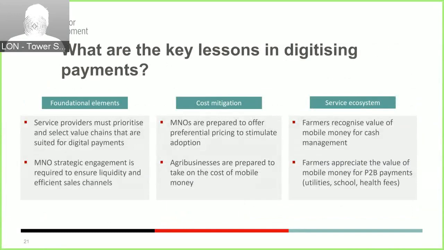In terms of key learnings, we, as GSMA and mAgri, have looked for some time at digitizing business-to-person payments in agricultural value chains. I would say that we have learnings in 3 main areas. Some learnings go under the foundational elements of mobile money, presented on the left of this slide.